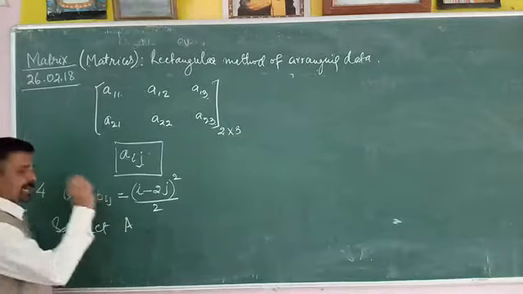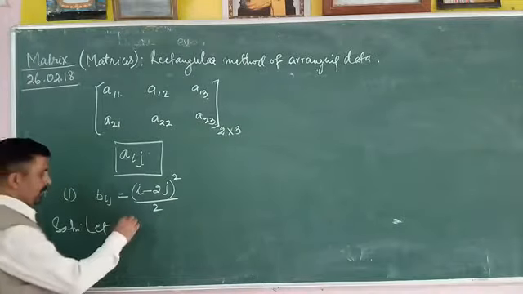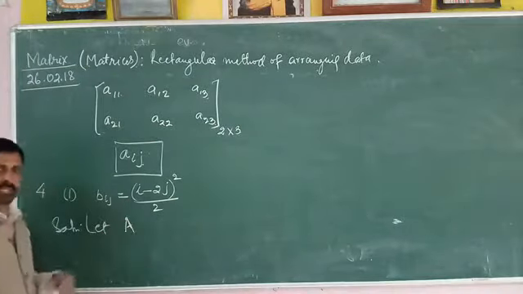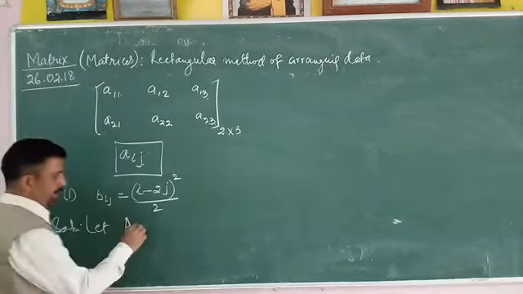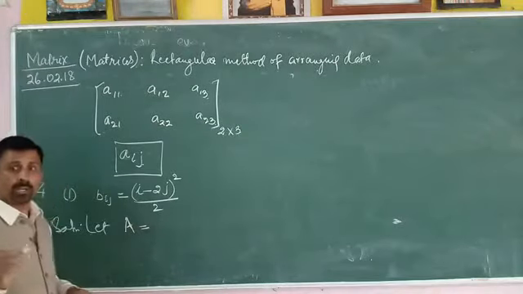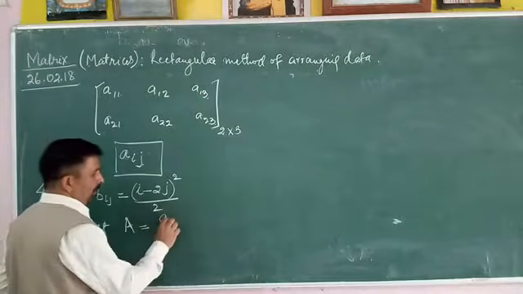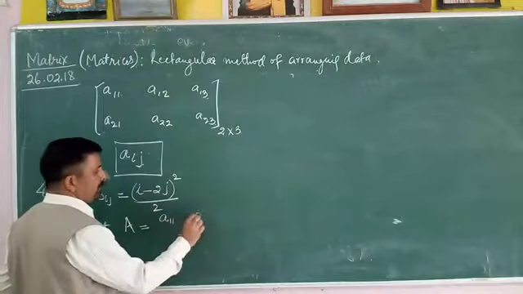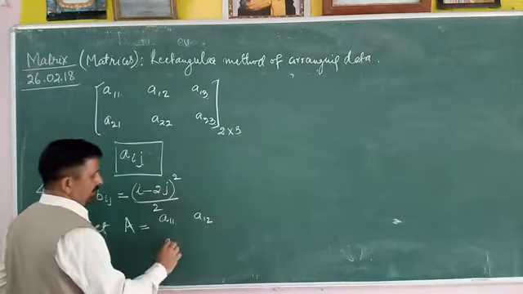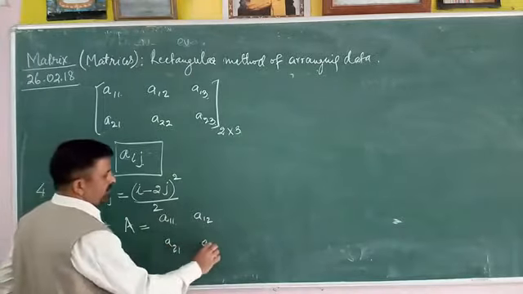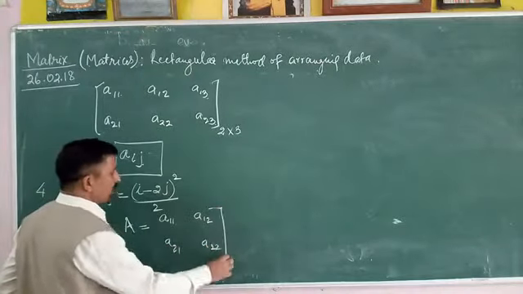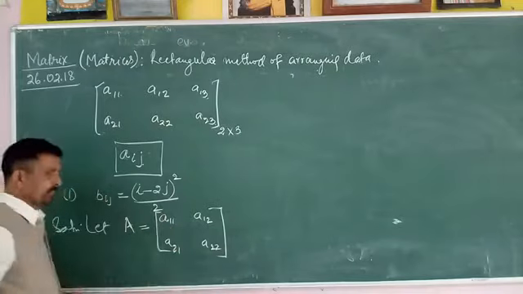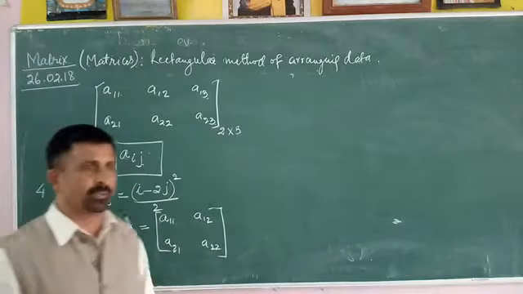Let the name of that matrix be A. This is the matrix which we are going to construct, and it should be of the order 2 by 2. So the matrix will appear somehow like this: A11, A12, A21, A22.